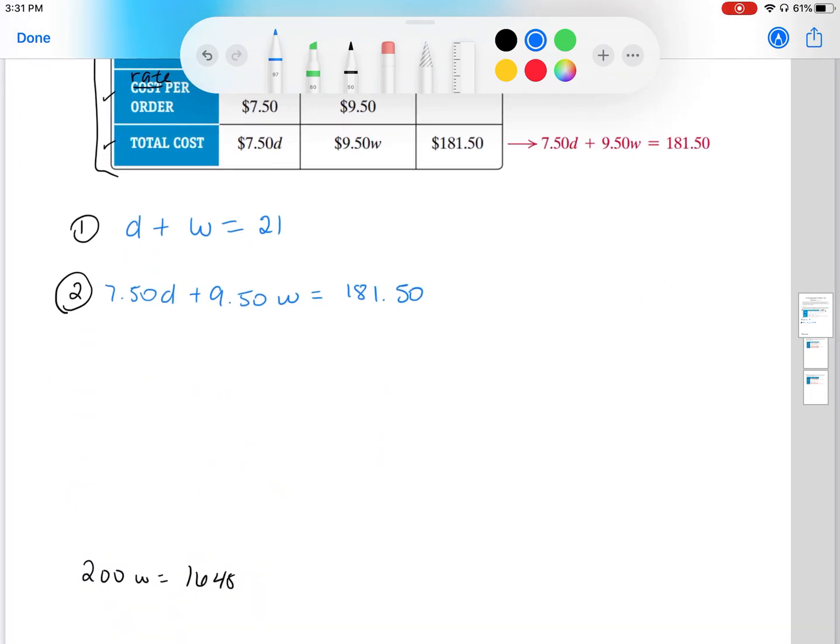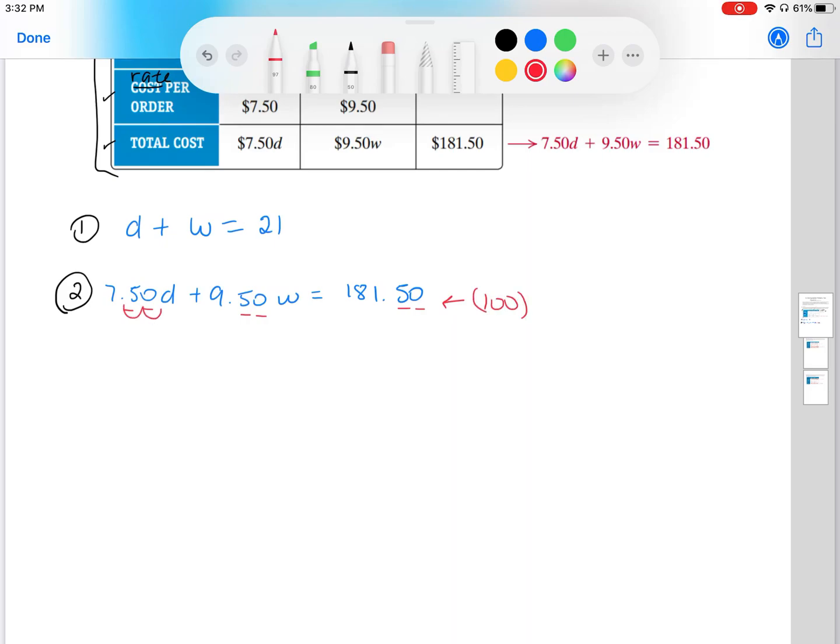Now we're left to solve. If we solve our system, you can solve it any method you like. Let's begin by getting rid of those decimals. If we multiply everything by 100, since everything's in the hundredths place, that will get rid of our decimals.